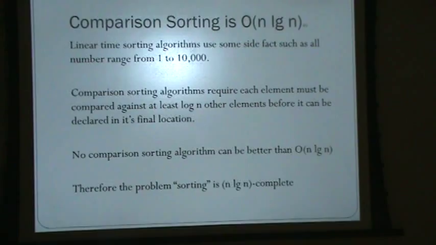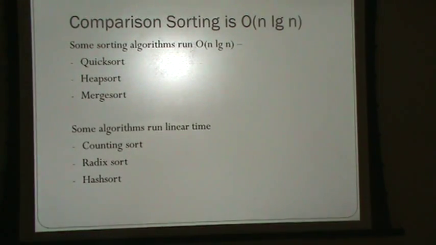And there's a little argument here at the end that basically says if you're doing comparison sorting, where we don't have any information, we don't know how many items there are, and we don't know the smallest and largest number, the minimum running time would end up being n log n.